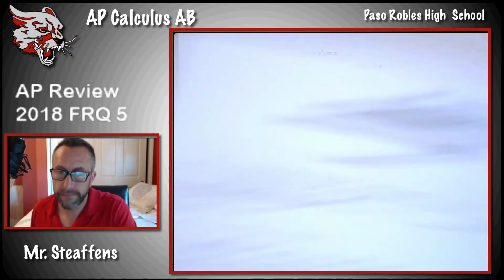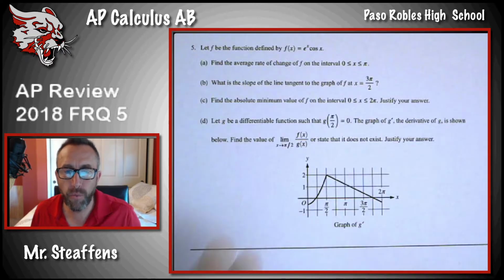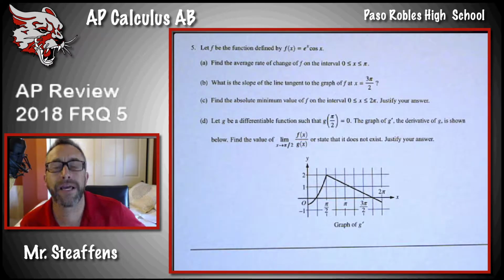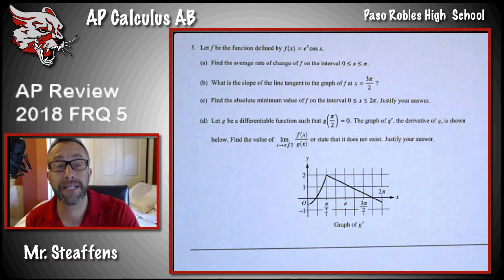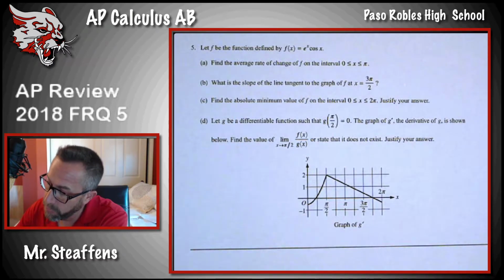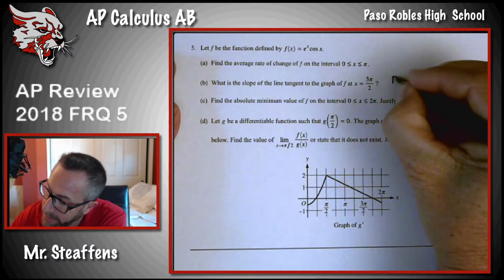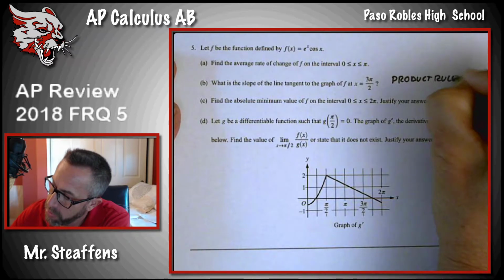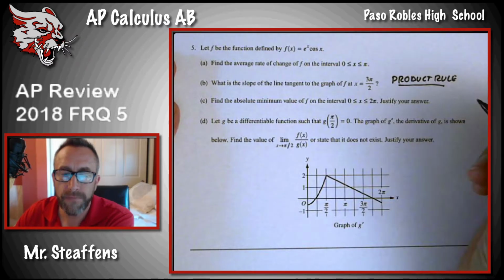Part B. So part B says, what is the slope of the tangent line to the graph at? Okay, now we've got it. Slope of the tangent line, definitely going to take the derivative. So remember, when you find the derivative of this, this is really a product rule question. Do you know the product rule for this equation?